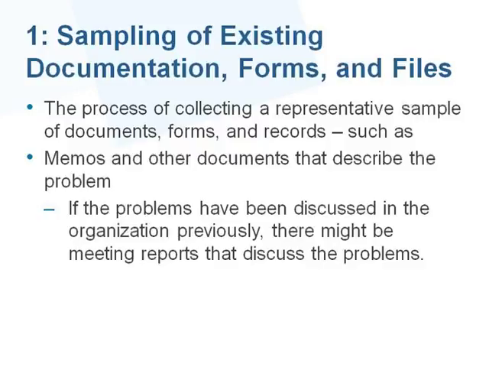The second type of documents, forms and records are, for example, memos or other documents that describe the problem. If the problem that you are going to build the information system for solving has been discussed in the organization previously, for example in formal meetings, there might be meeting reports that discuss the problem.